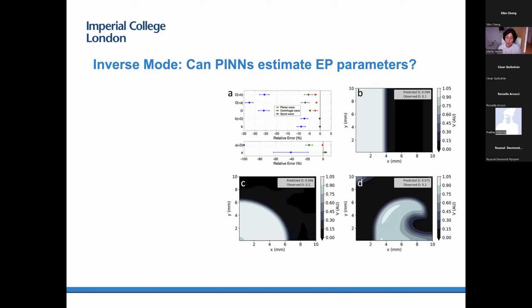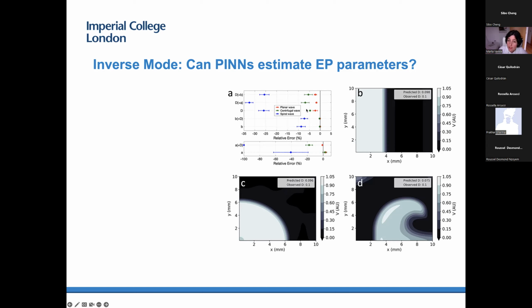If you want to use the PINNs in inverse mode and find the parameters of the system, it also works quite well. You can see here estimates of B, which was related to how long the action potential lasted, are particularly good. And throughout, it performs better for the planar and centrifugal waves than for the spiral wave, as we saw in forward mode as well.